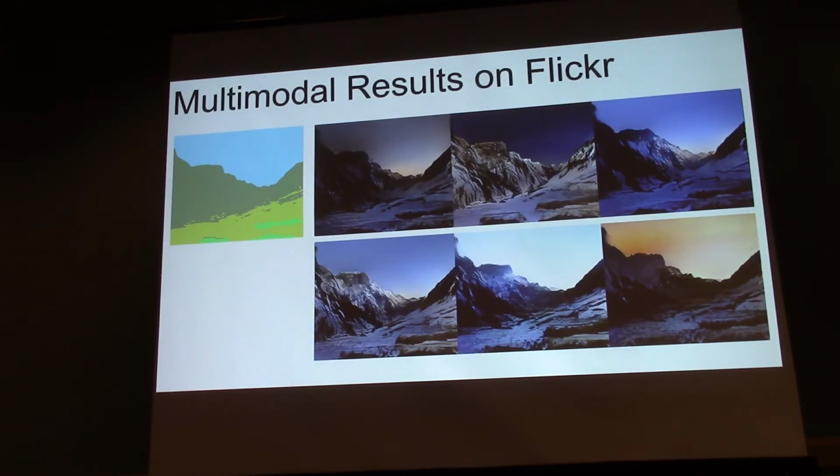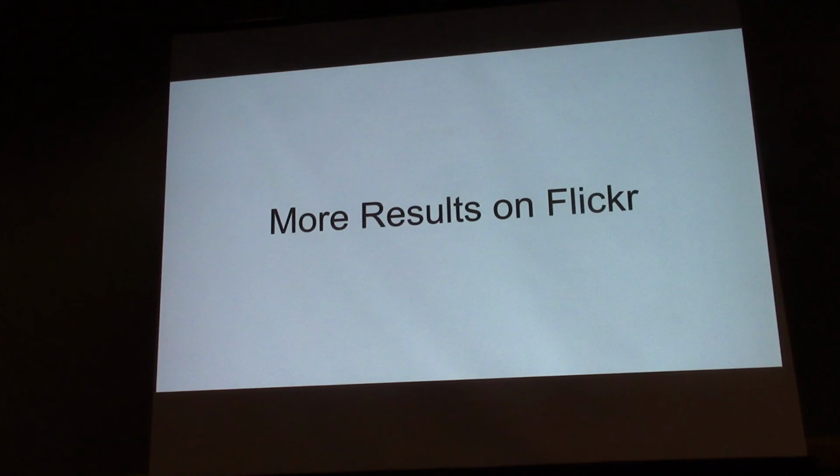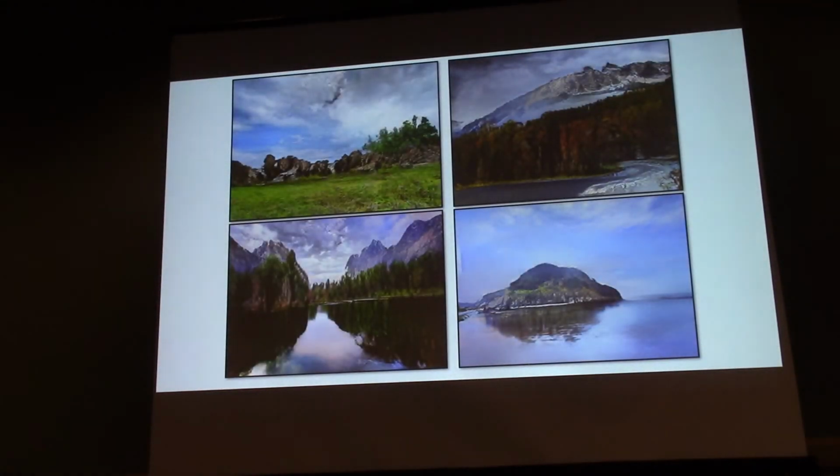So we have multimodal results on the Flickr dataset. Given this semantic map, just sampling different random vectors in the latent space allows us to generate different stylizations of the output image. We have more results on Flickr.